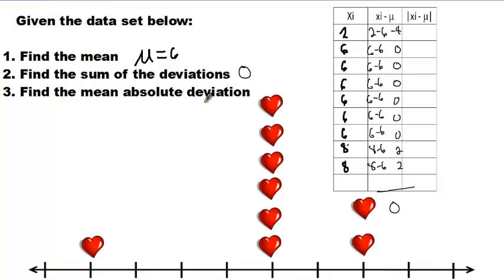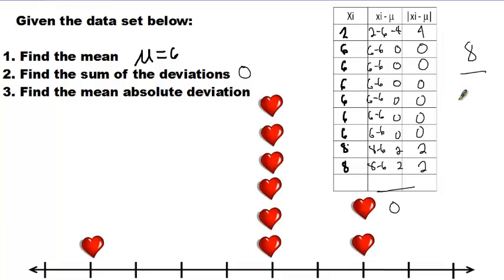Now find the mean absolute deviation. Let's take the absolute value of negative 4. It is equal to 4. Absolute value of 0 is 0. Absolute value of 0 is 0. So all of these will be 0. Absolute value of 2 is 2. Absolute value of 2 is also 2. Sum everything up. 4 plus zeros plus 2 plus 2 will have 8.